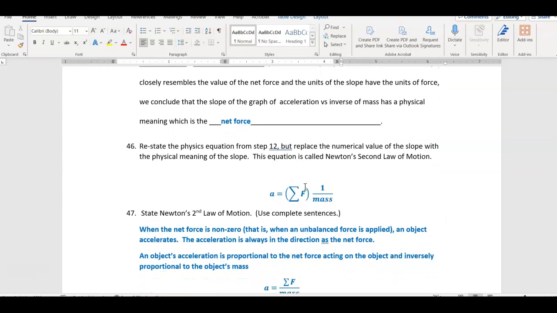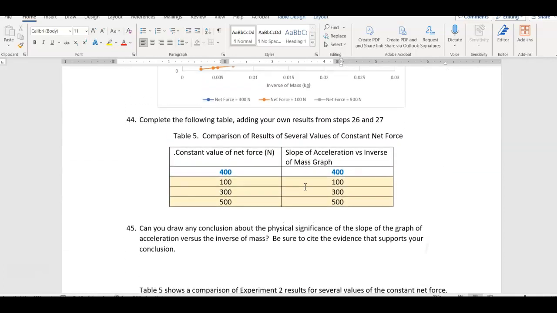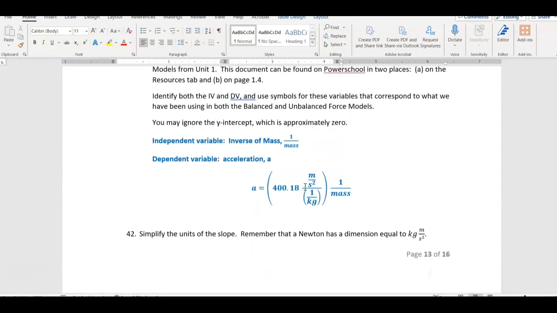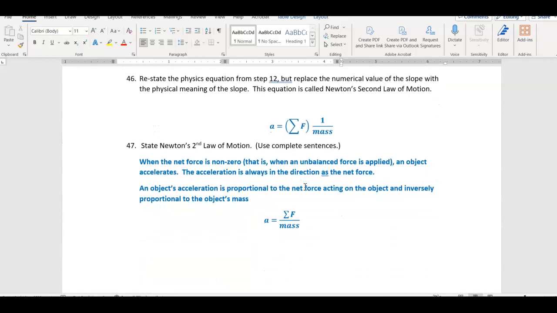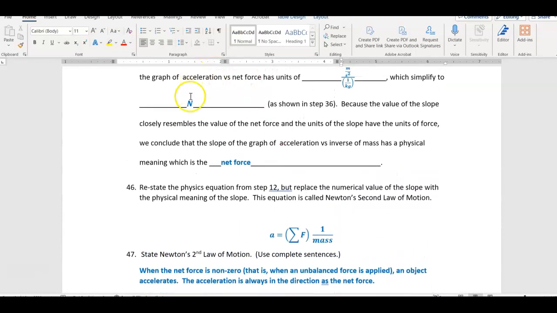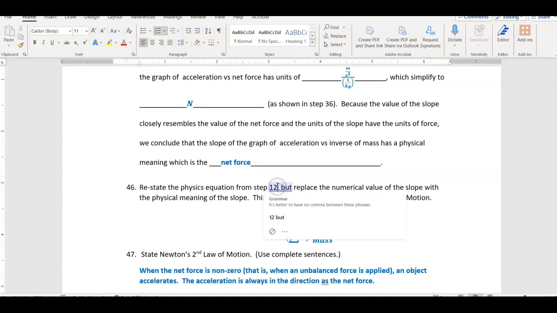So then I'm going to restate the physics equation from step 41, except now we are replacing the numerical value of the slope with what it means. It means net force, or sigma F. Okay?